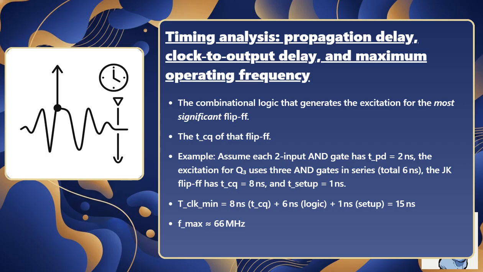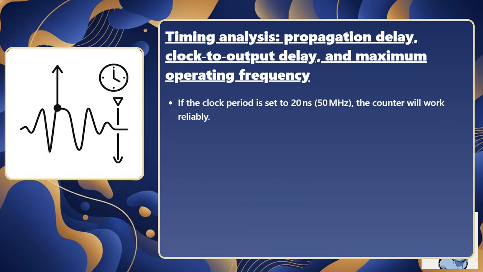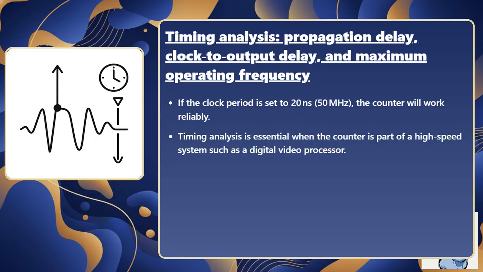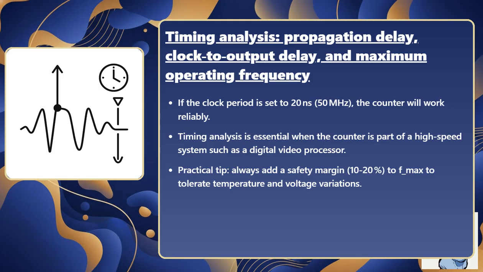Fmax is approximately 66 MHz. If the clock period is set to 20 nanoseconds, 50 MHz, the counter will work reliably. Timing analysis is essential when the counter is part of a high-speed system, such as a digital video processor. Practical tip: always add a safety margin of 10 to 20% to Fmax to tolerate temperature and voltage variations.